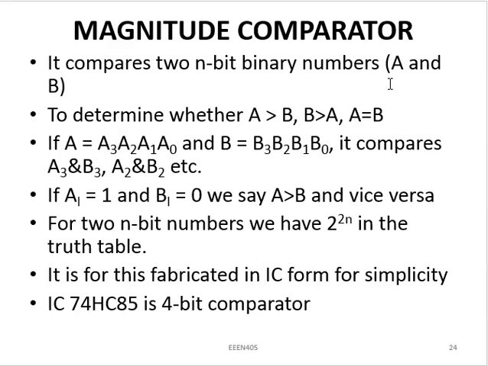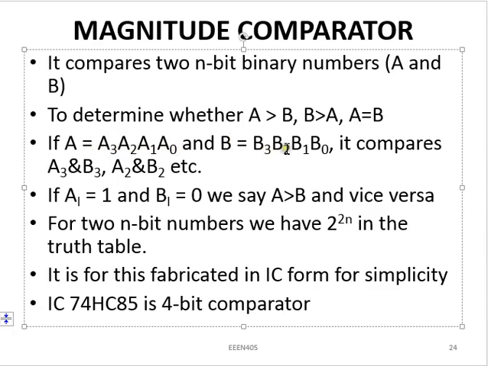Now we use a digital magnitude comparator to detect whether A is greater than B, or A is less than B, or A and B are the same. To understand this, we first express our two binary numbers. Here is A, which is A3, A2, A1 and A0 as the 4 bit inputs, and my B has B3, B2, B1 and B0 as my 4 bits.